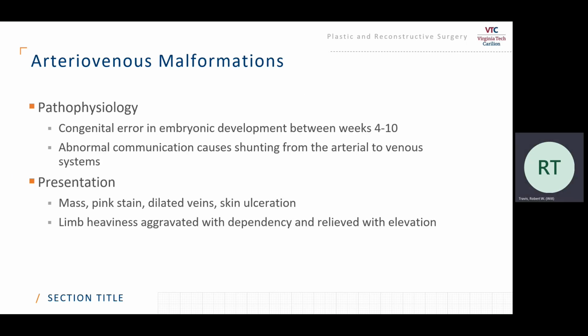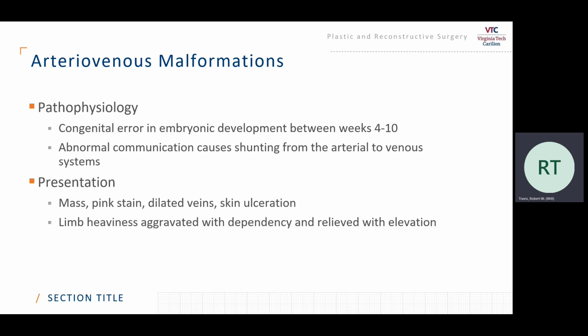So arteriovenous malformations. This is a result of congenital error in embryonic development between weeks 4 and 10, which results in abnormal communication, causing shunting from the arterial to the venous systems. These patients will present with a mass, pink stain, dilated veins, and skin ulceration.